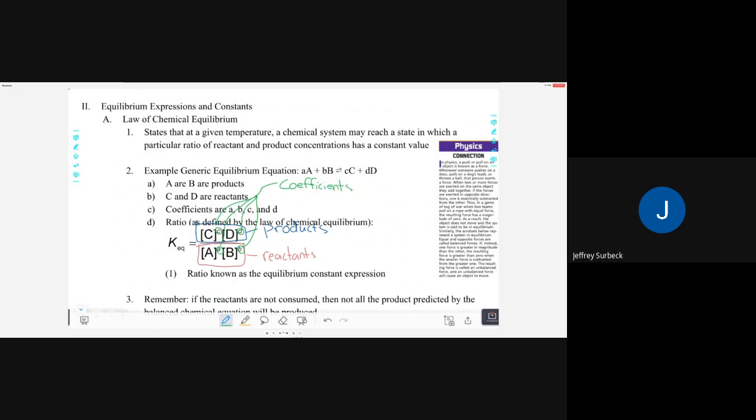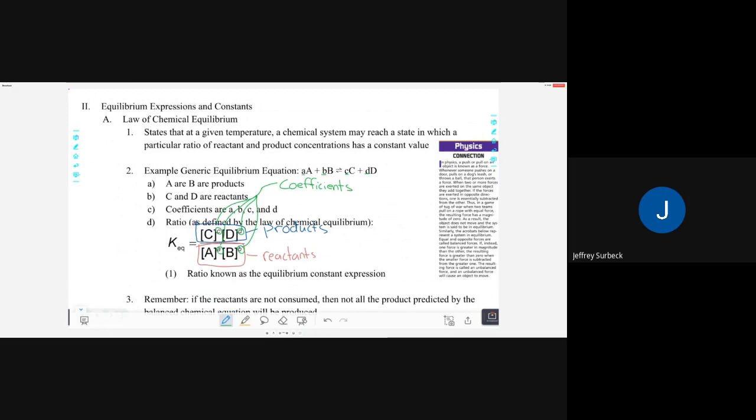This is nice because remember in kinetics or rate, we had to work to get to those values. Now with equilibrium, all we have to do is look at our coefficients. That's it. Questions? Does anybody need this? Products will always be on top. Products over reactants. Products always on top for equilibrium.